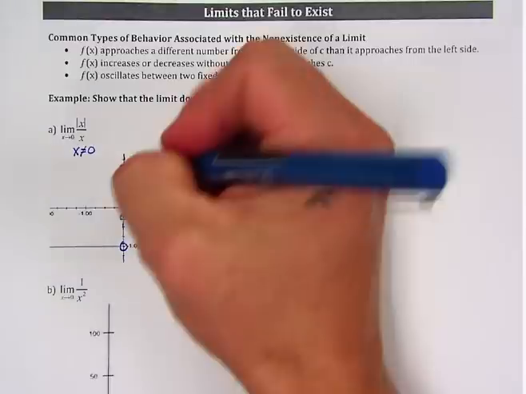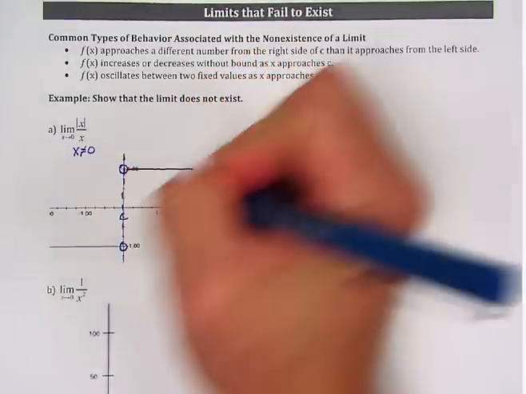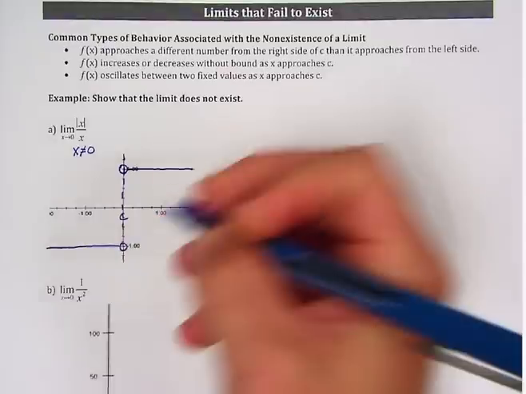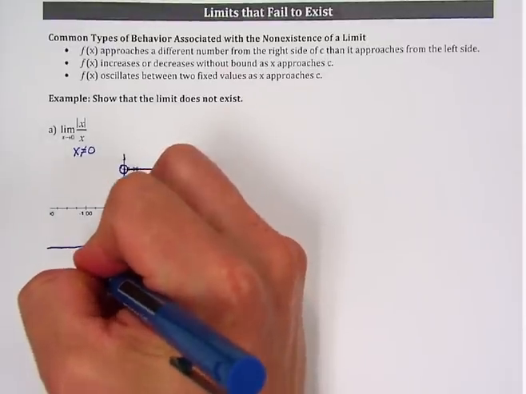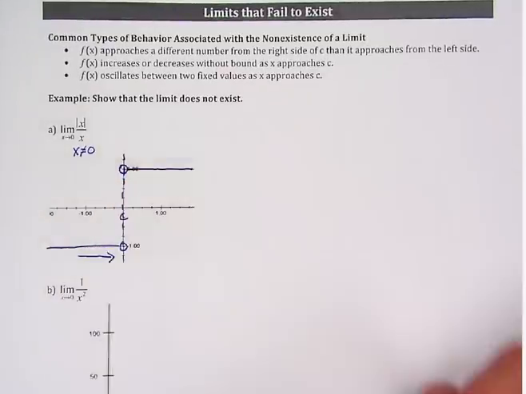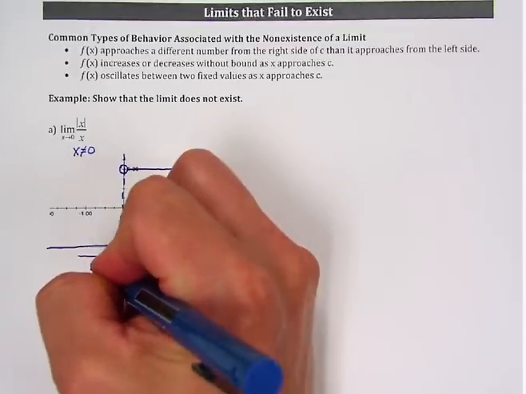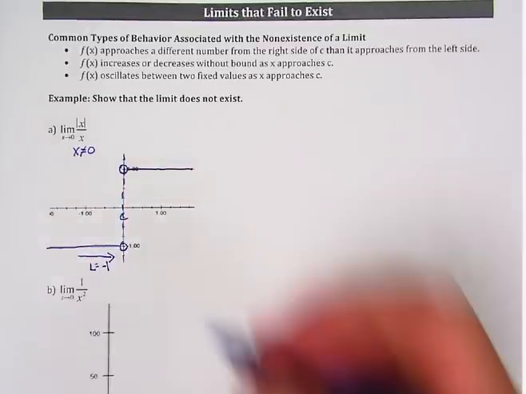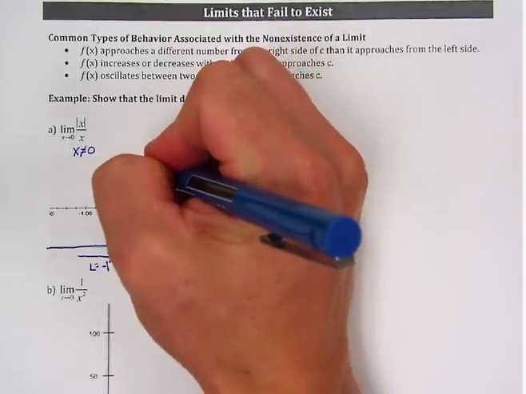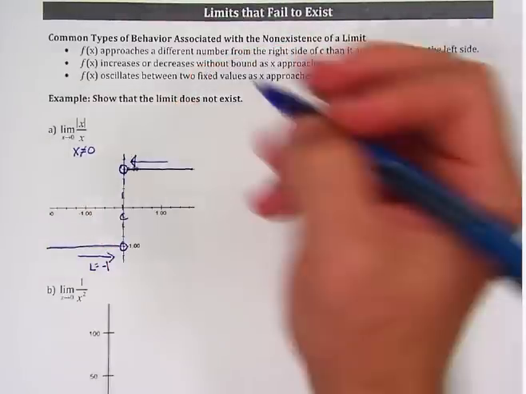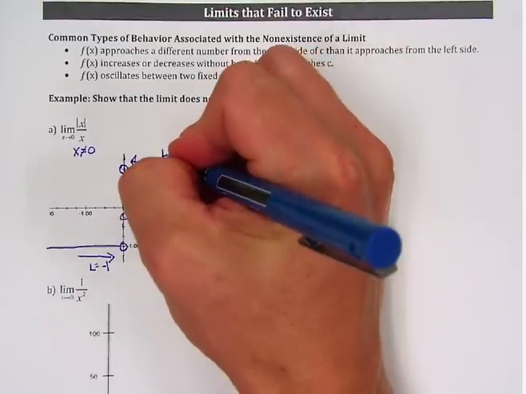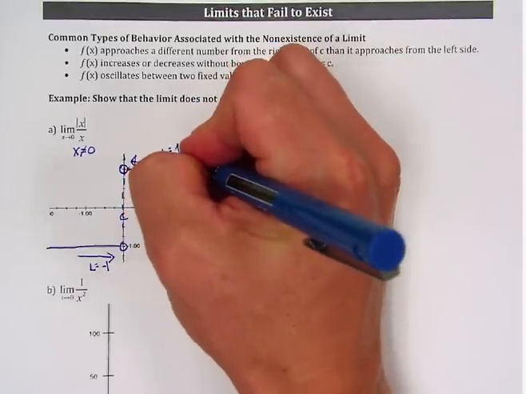So graphically, if I were to look at this, as I approach c from the left, this looks like it's giving me an L of -1. But as I approach c from the right, looks like it's giving me an L of +1.